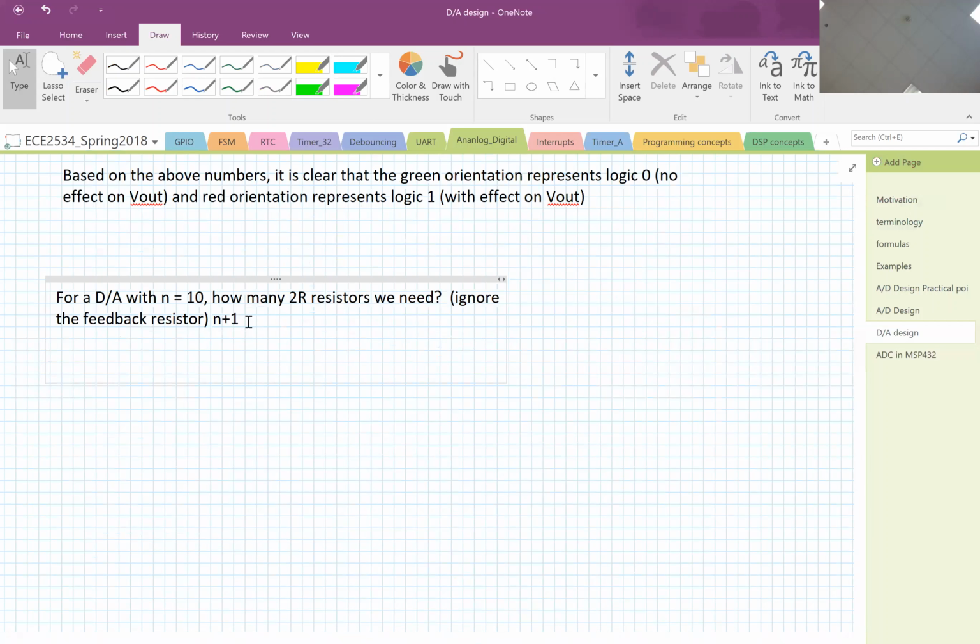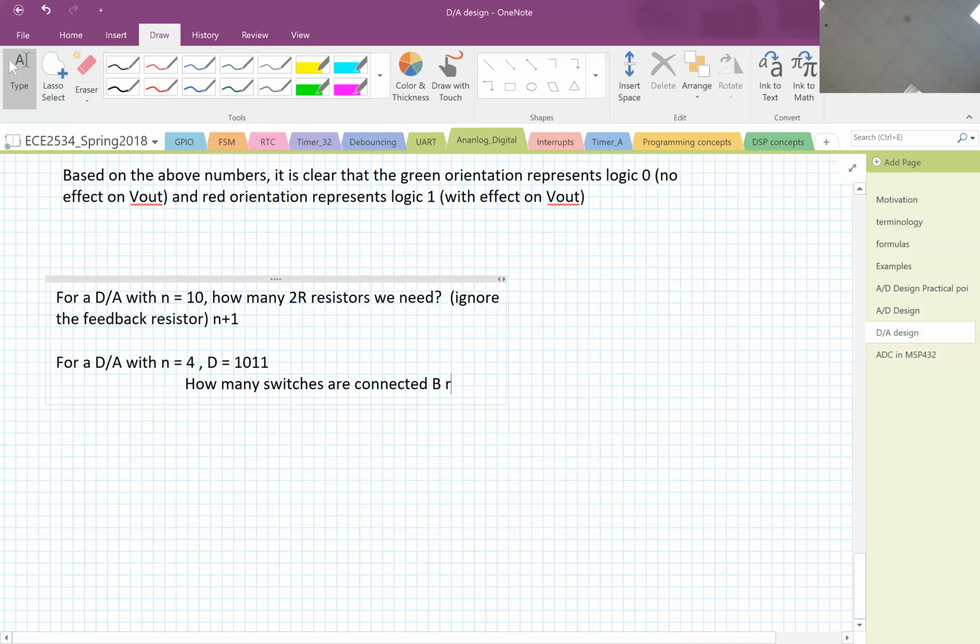Another question. Let's say for a D2A with N equal to 4, if D is equal to 1 0 1 1, how many switches are connected to B rail and how many to A rail?